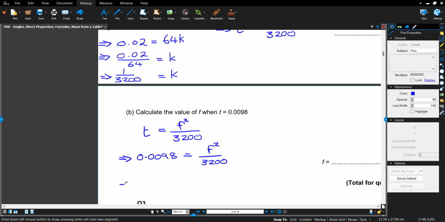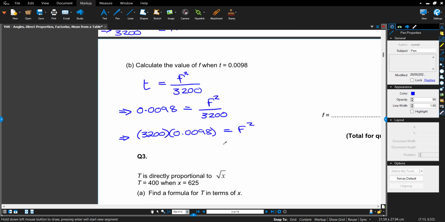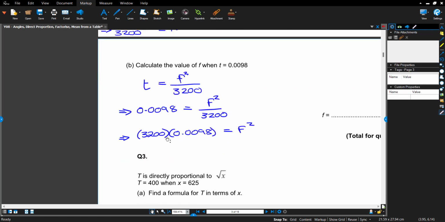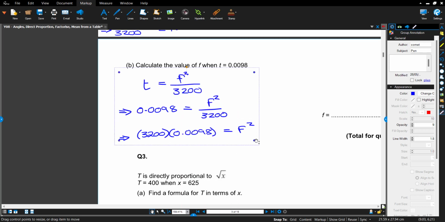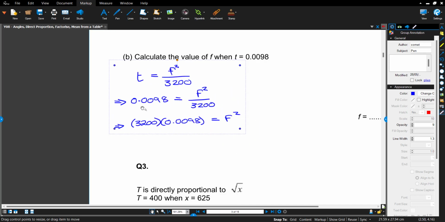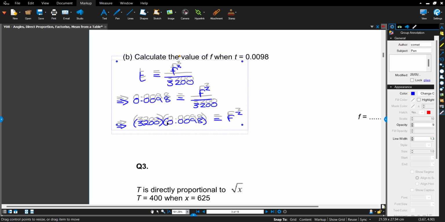So that implies 3,200 times 0.0098 equals f squared. Now, me personally, I wouldn't bother multiplying this out. Just give me just a second. So just reduce that. I wouldn't bother multiplying that out.